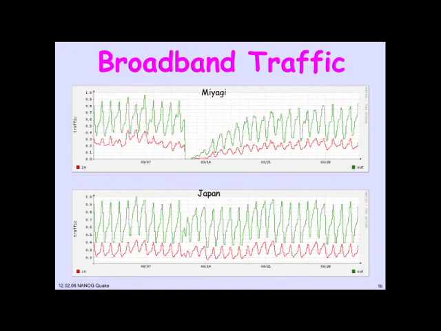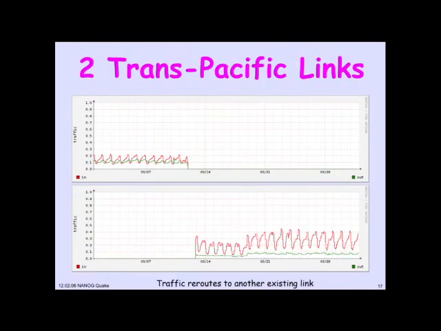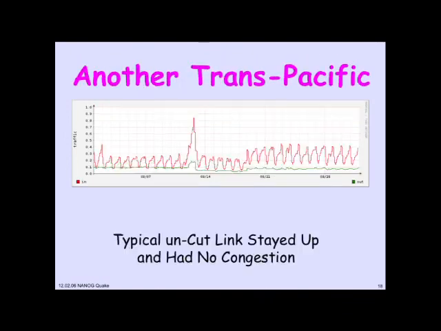We see the trans-Pacific links. We see the load switch from one to the other of two particular interesting Transpac links. Another Transpac link, here goes the load. One stayed up the whole time, no congestion.